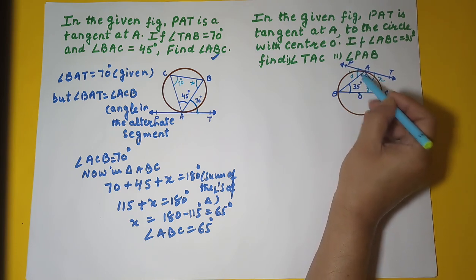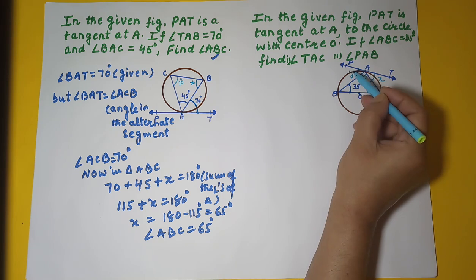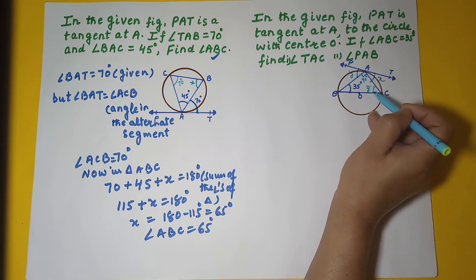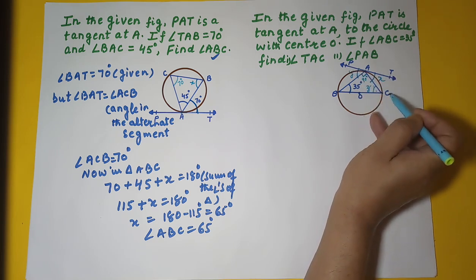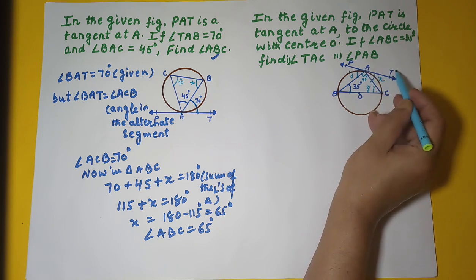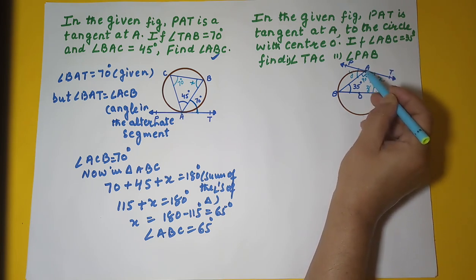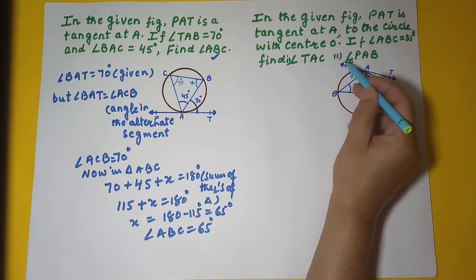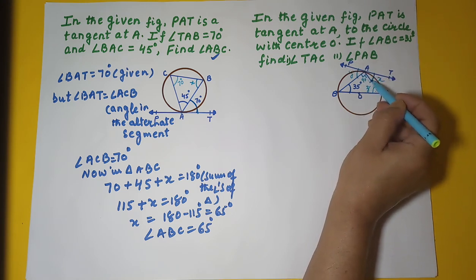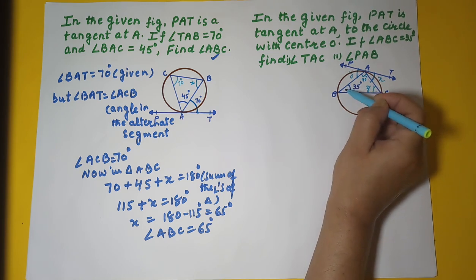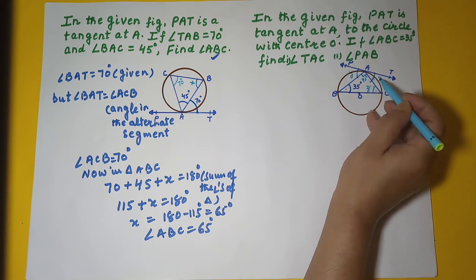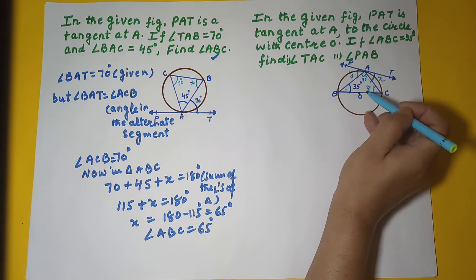So you have already found this Z. So you can say that Y is equal to Z. Then from this side, CAT is the angle, again angle made by the chord and the tangent PT. So this angle will be equal to the angle made by this chord in the alternate segment, that is 35. So you have found X, you have found Y.